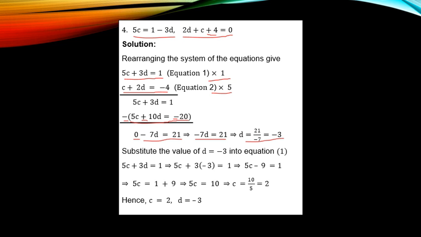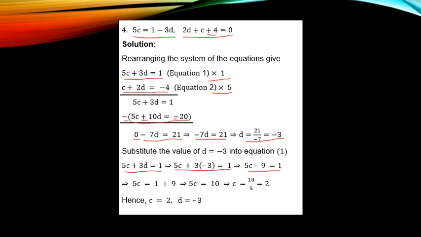To solve for c, you need to replace the value of d as minus 3 into equation 1 or the other equation. So this is equation 1: 5c plus 3d equal to 1, and d is minus 3. Where you see d, replace it with minus 3, and you have 5c plus times minus is minus, 3 times 3 is 9.